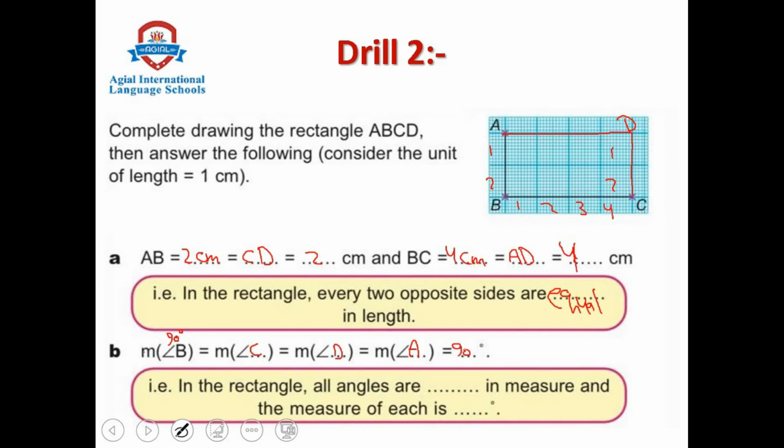So the measure of angle B equals the measure of angle C equals the measure of angle D equals the measure of angle A equals 90 degrees. So we deduce that in a rectangle, all angles are equal in measure and the measure of each is 90 degrees.